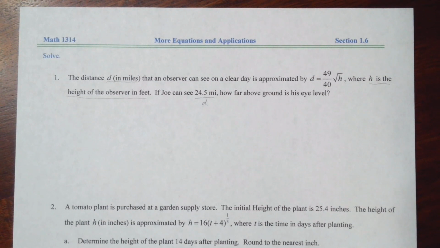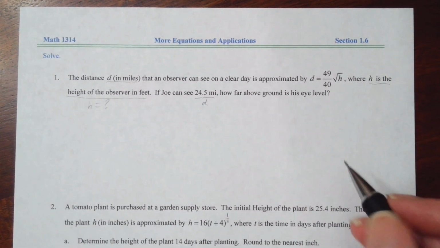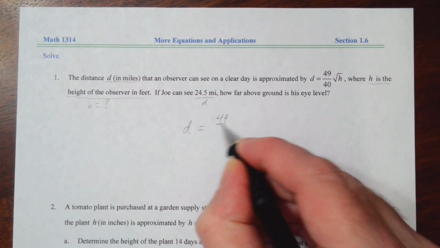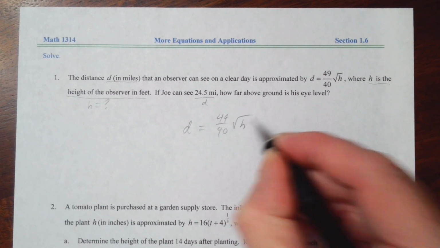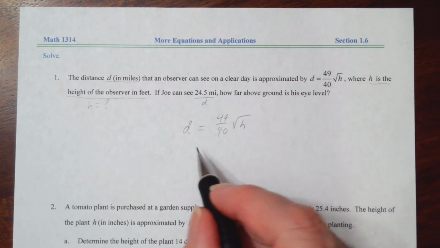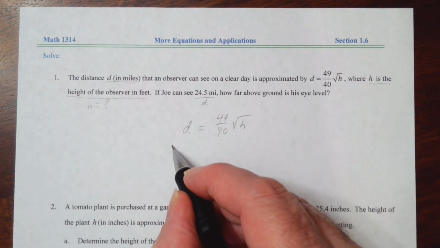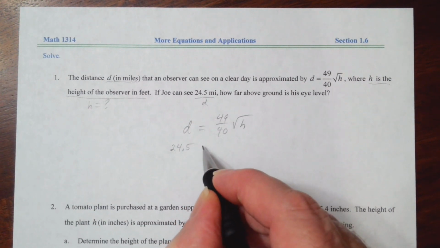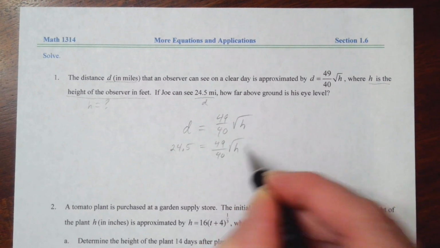All right, so we're looking for h. Let's write the formula down: d equals 49 over 40 times the square root of h, which we don't know h. And we're going to plug in our d value and solve for h.